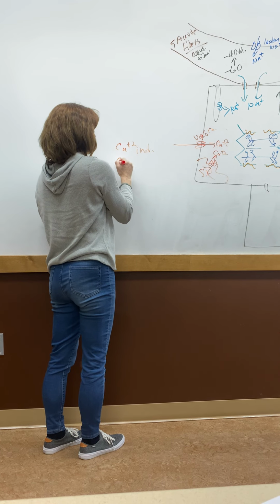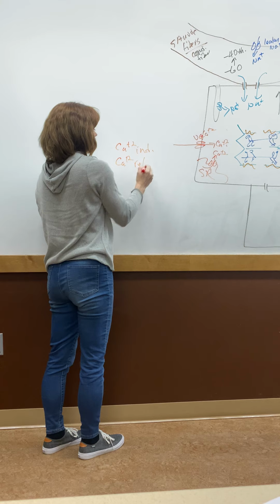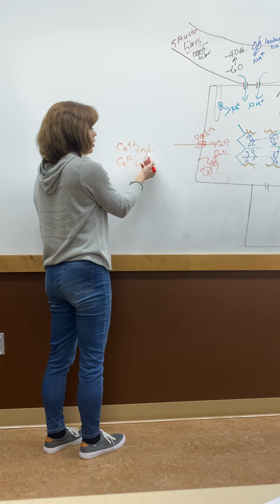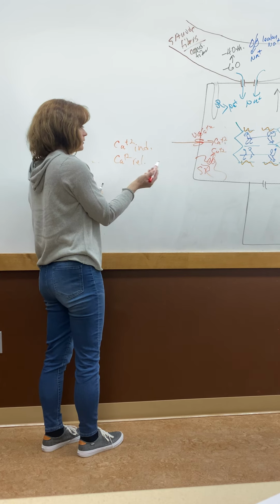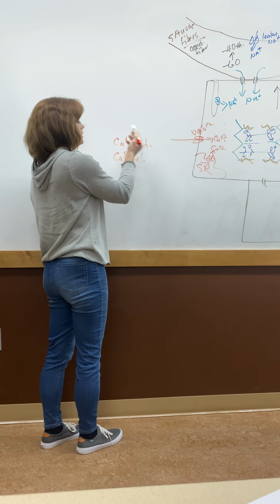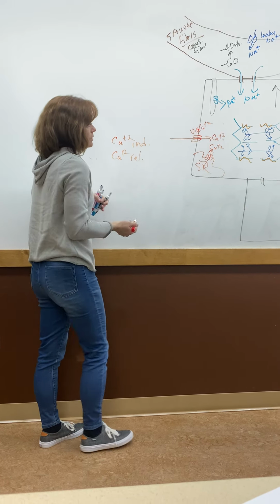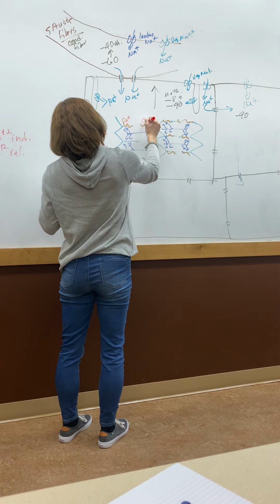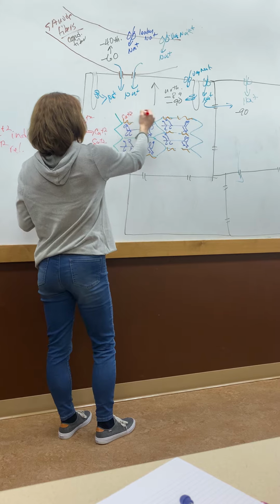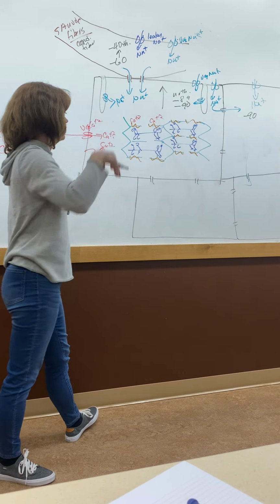Calcium-induced calcium release. In other words, calcium is causing the calcium release from the SR. That's what that means. Calcium causes calcium release from the SR. What's calcium do? Moves our TT complex, allows for our bind and pull.